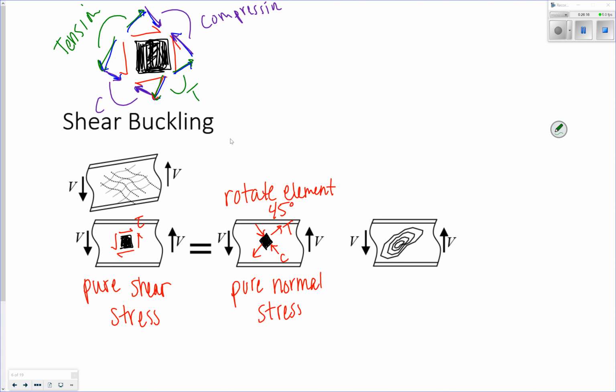So, right? That's how I went from here to here. Pure shear stress to pure normal stress.